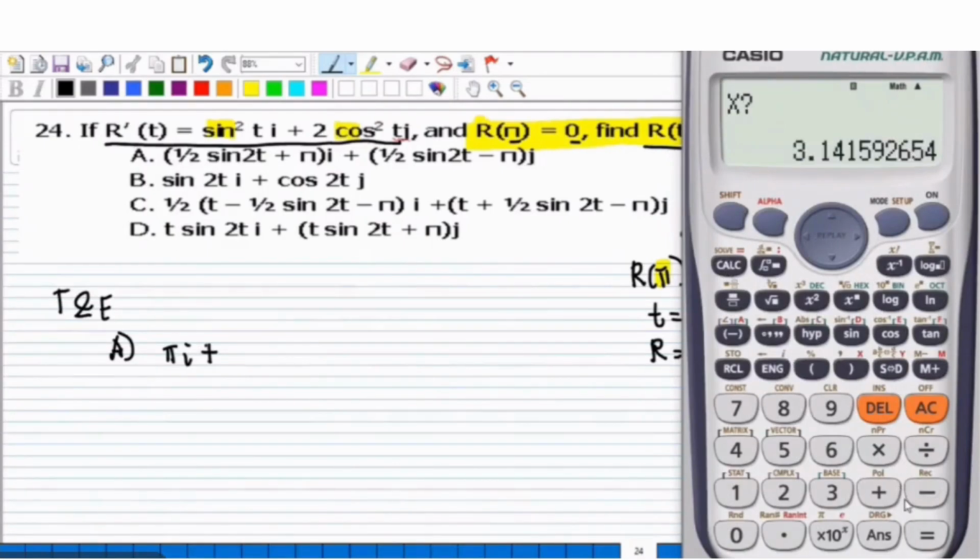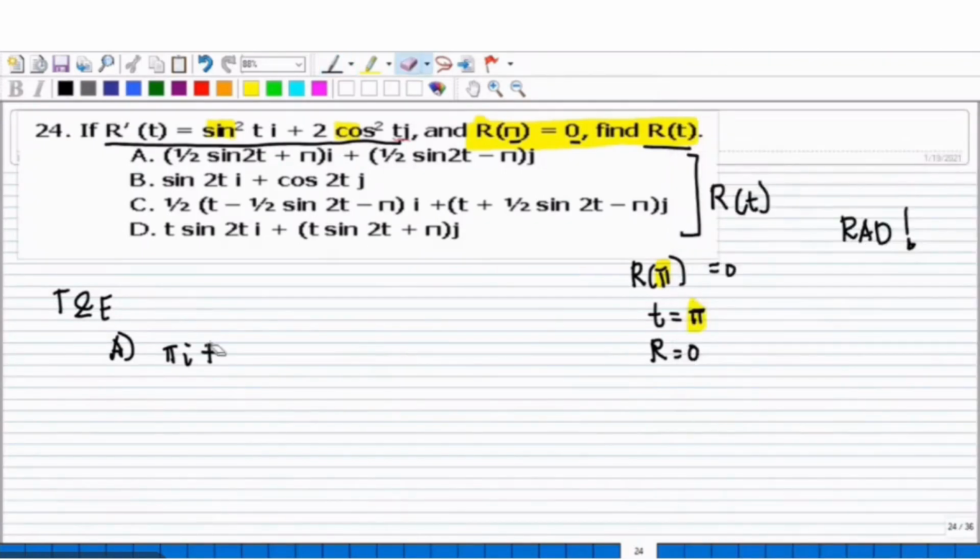Calc natin po, 3.14. So, that is negative pi j. If we will get your magnitude of this, is it equal to 0? The answer is no. Hindi po siya equal to 0. So, wrong na tong letter A.